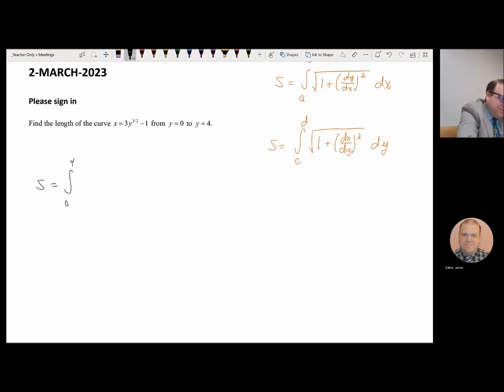Integral 0 to 4, square root of 1 plus, what is the derivative of x with respect to y?